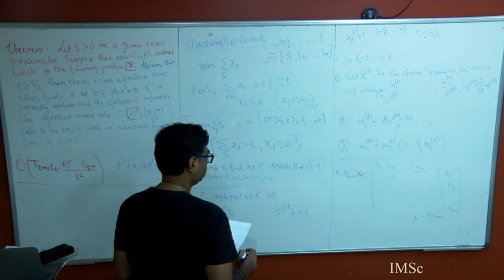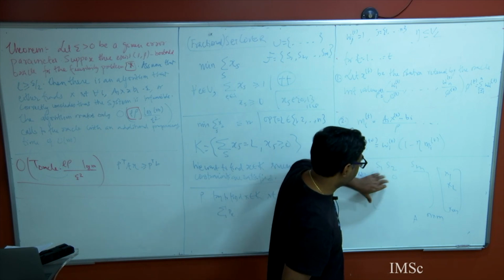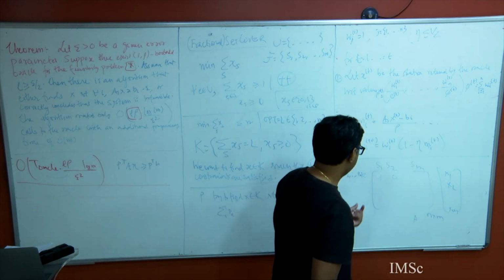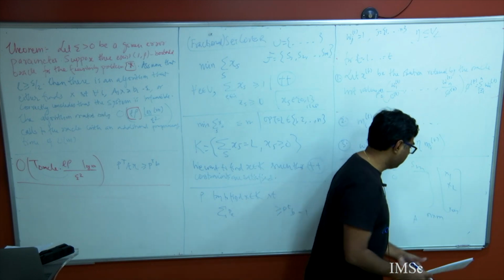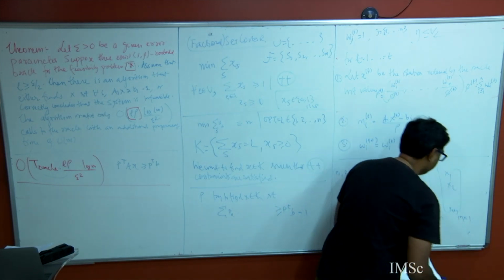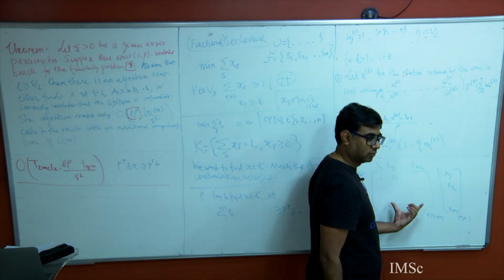What I mean to say is, forget that now and multiply this. What are you going to get? Look, this is an n cross m matrix and this is an m cross n matrix. What are you going to get? A vector which is m cross 1.